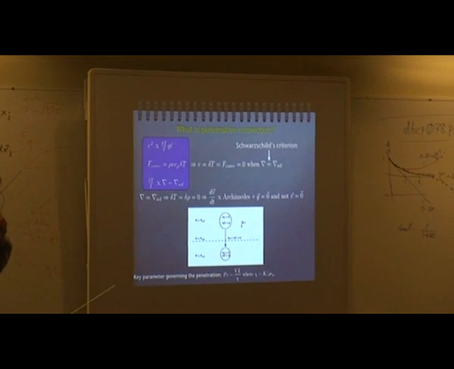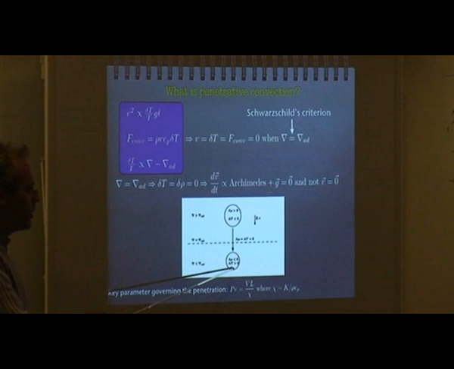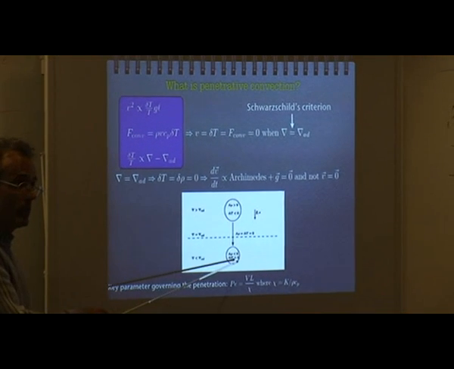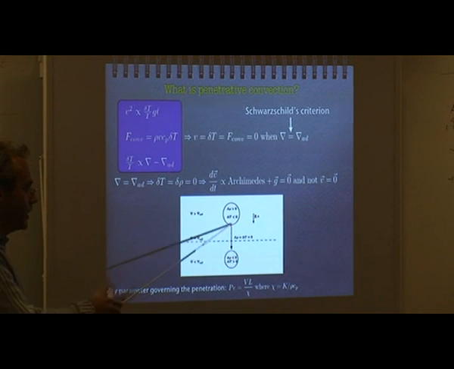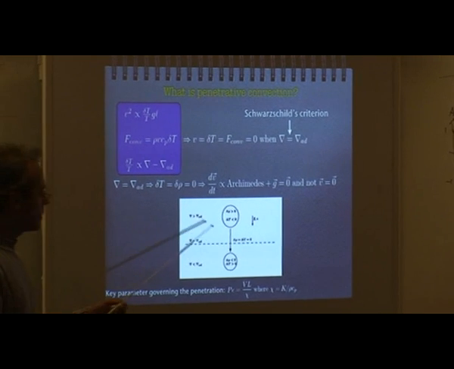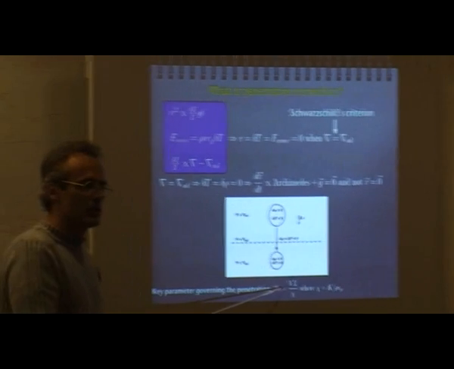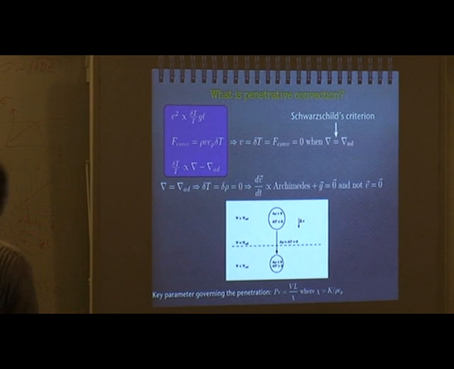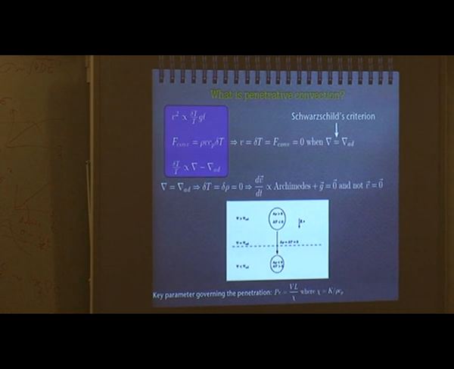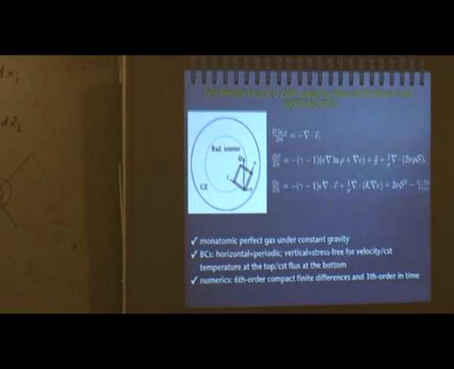And in fact, there are two regimes of penetration. One is called penetrative convection, or penetration, and the other one is overshoot, which is not the same in fact. Overshoot and penetration are not equivalent. Overshoot corresponds to the regime where the Péclet number is around unity. In this case, there is a large penetration.